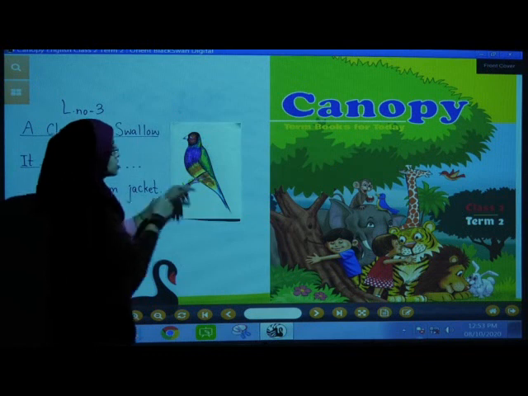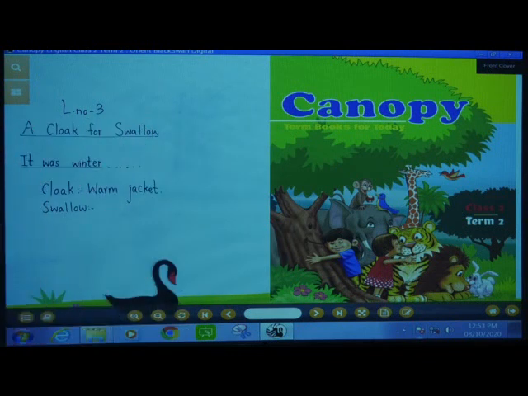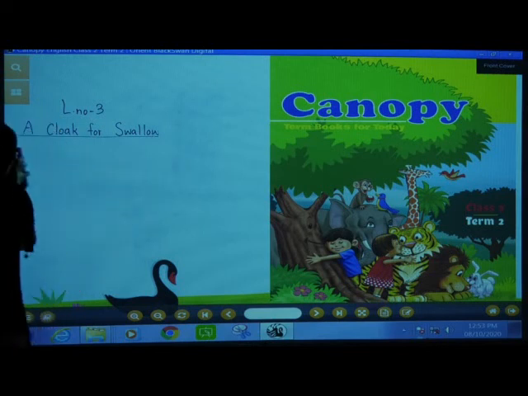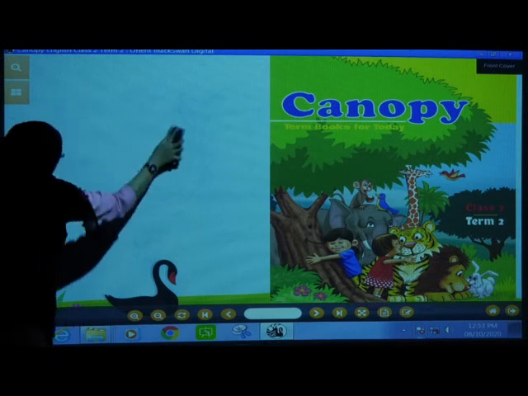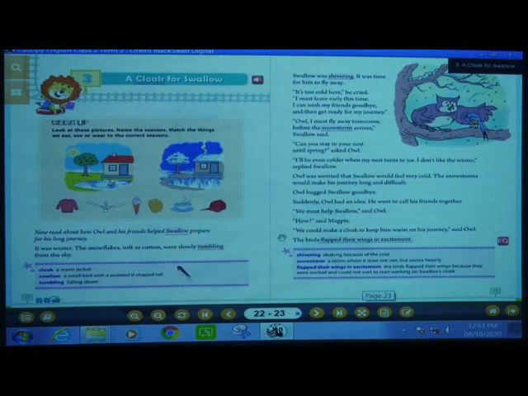So open your textbooks, Canopy textbooks, English section, page number 22. Page number 22. Yes.